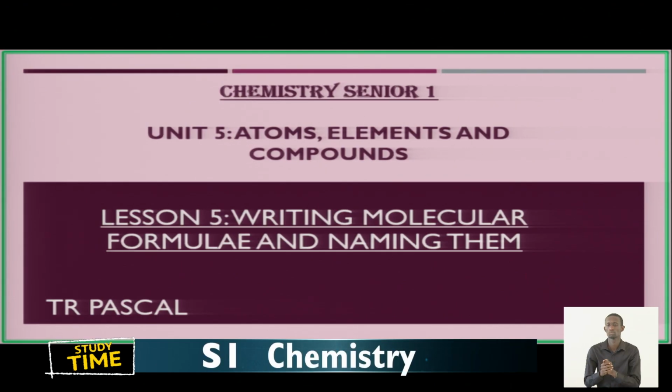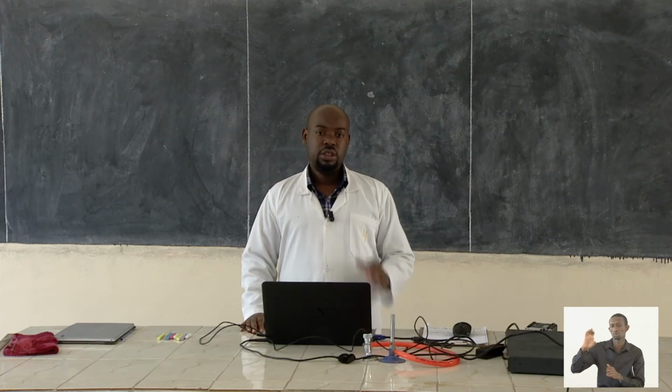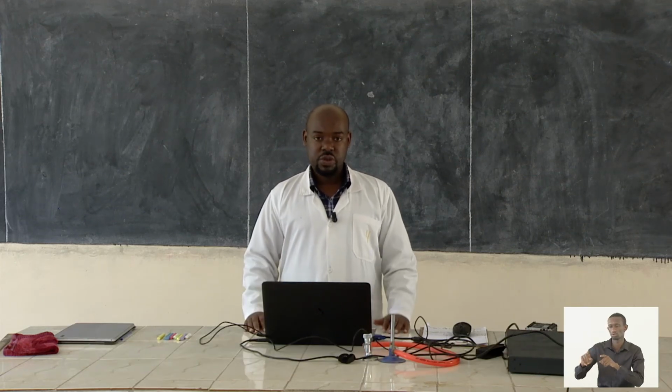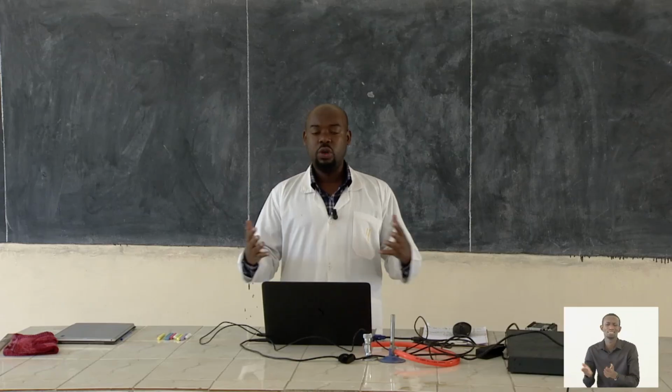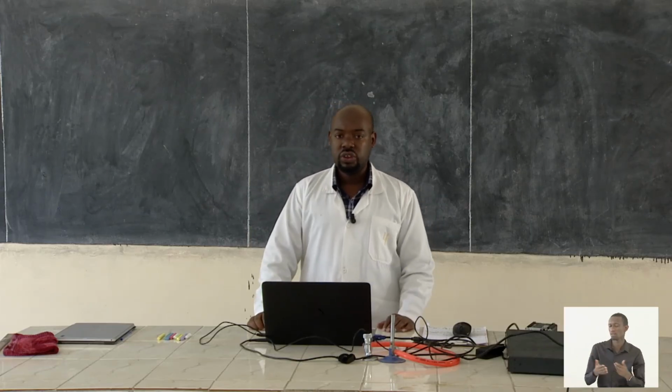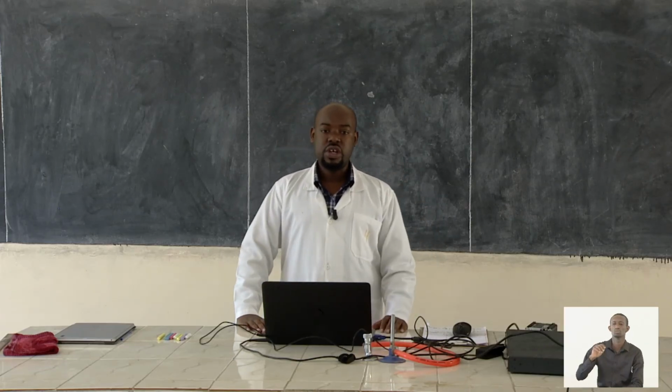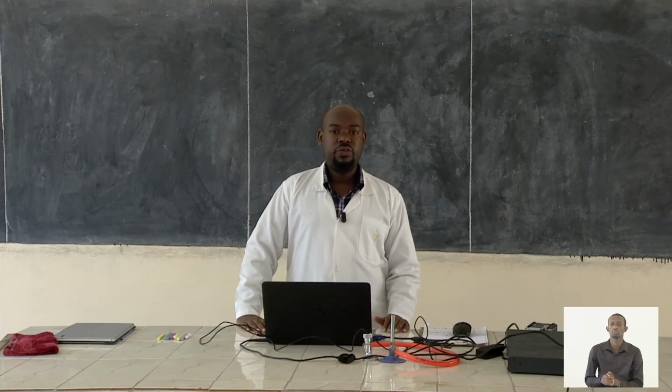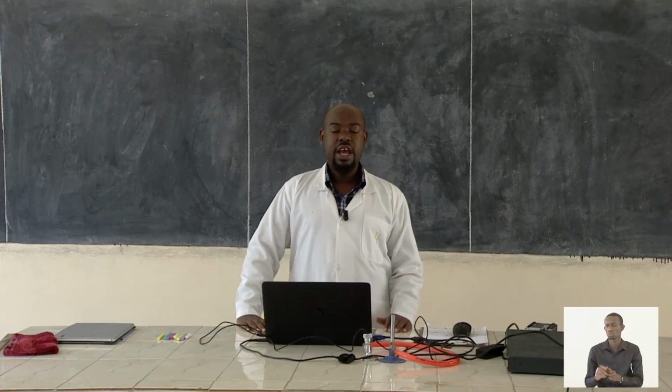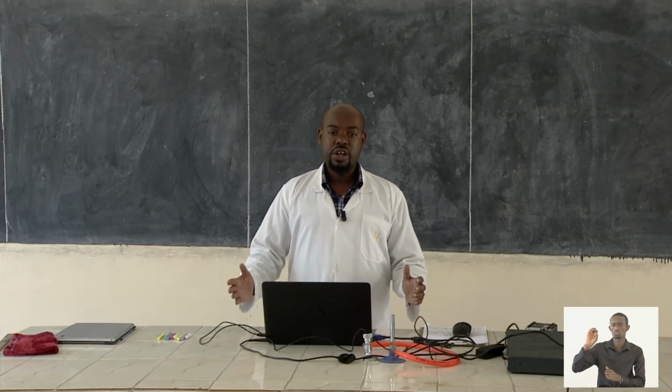When you want to write the molecular formula of a compound, you have to use the radicals. And if you want to name them, you have to use the names of those radicals. So today we will have a look at how to use the radicals and the names of those radicals to write molecular formula and name the different compounds.